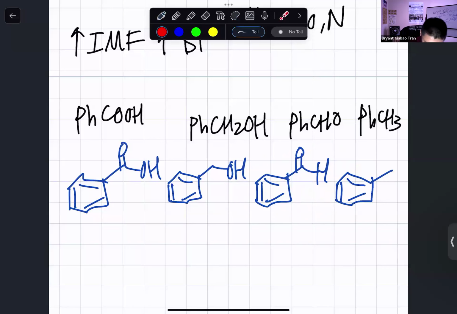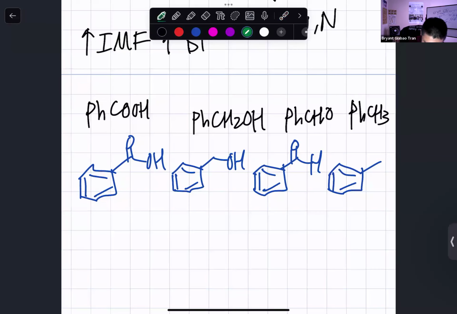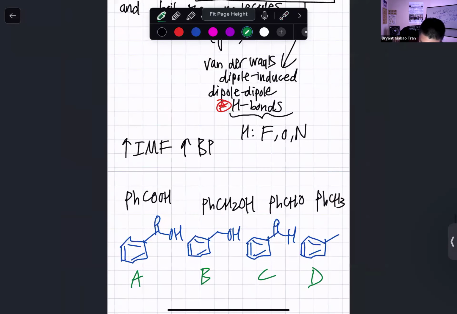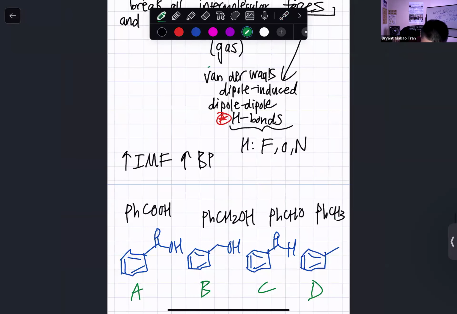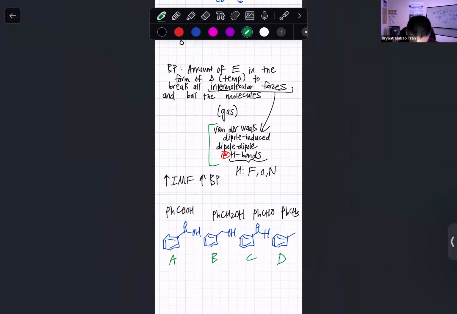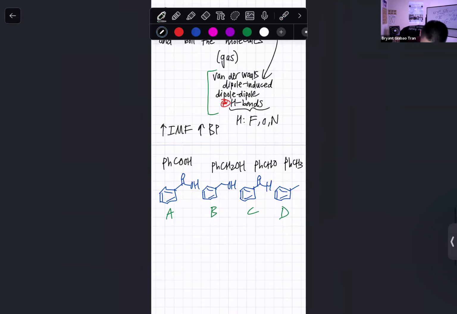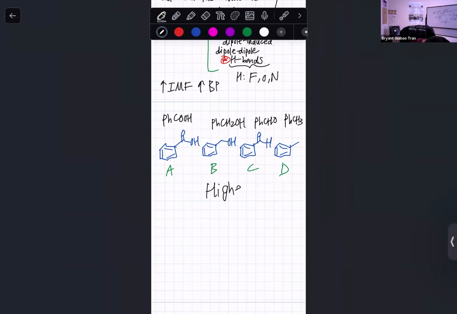Okay, so which one of these do you think is going to have the highest intermolecular forces? A, B, C, or D? And here are the intermolecular forces here. Which one will have stronger intermolecular forces, I should say? And what did the question ask? Yeah. The question is asking highest BP, lowest BP.